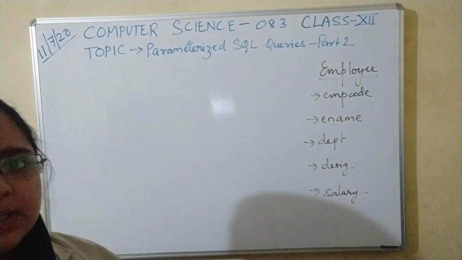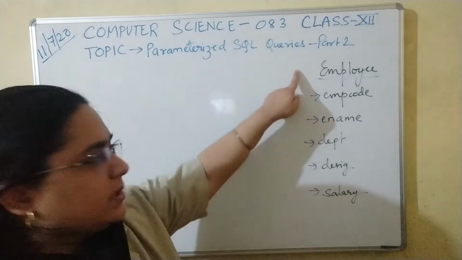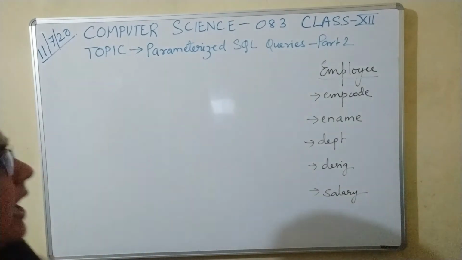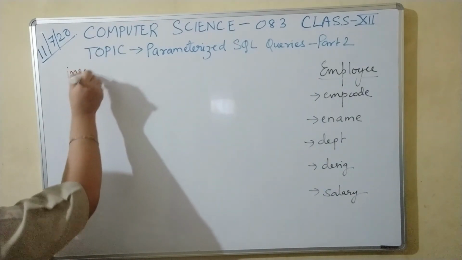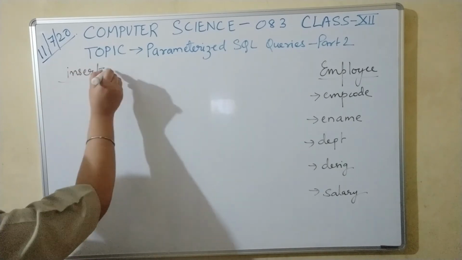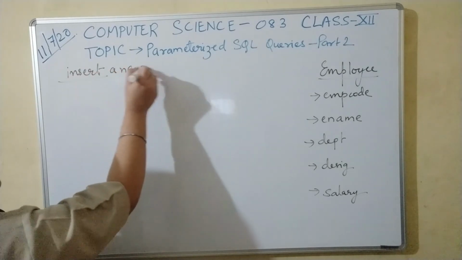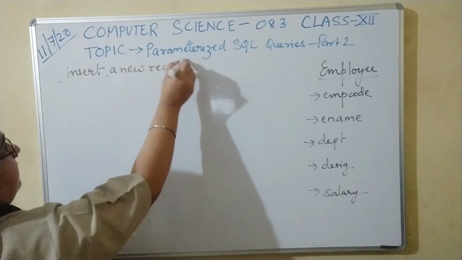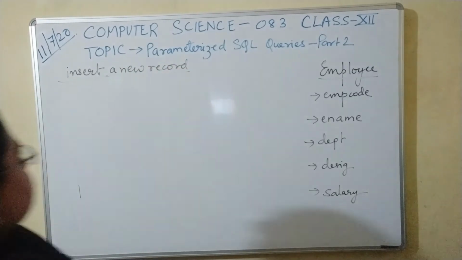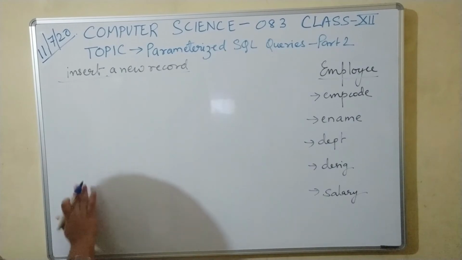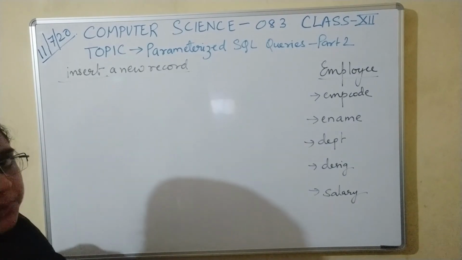So I have given these 5 fields to this table, that is employee, and now my question is I have to insert a new record using connectivity. So how am I going to do that? Inserting a new record, we will be seeing it over here. How to insert a new record?